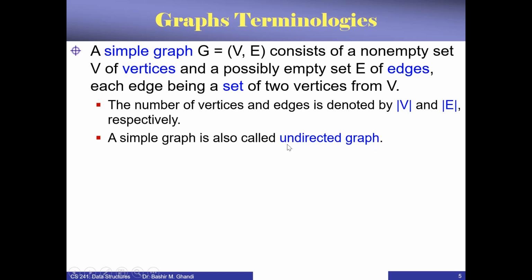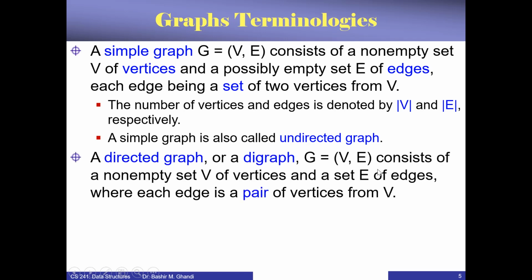The difference between this and a directed graph will come in a moment, after we explain the other type of graph. So let's take on the other type. A graph is said to be directed. A directed graph is sometimes simply called a digraph. Again it consists of two sets, V and E, where V is the set of vertices.